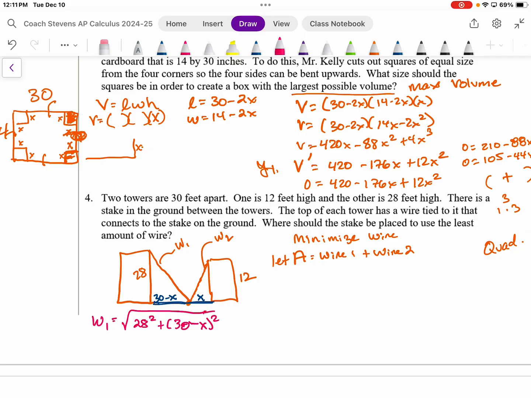Because again, Pythagorean theorem, W1 is our hypotenuse, so basically W1 is going to be equal to the square root of the sum of the squares of those two sides. We know W2 is going to be equal to the square root of 12 squared plus x squared.